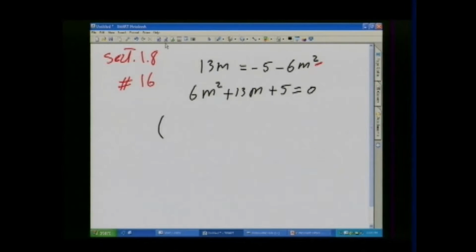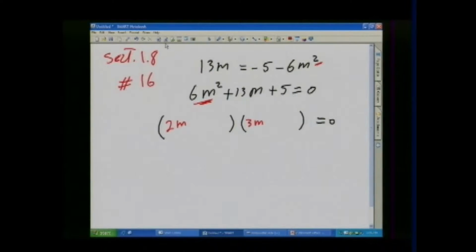Now to factor this, again, we put 2 parentheses equal to 0. We'll look at the first term and say, what can give me 6m squared? Again, there are different combinations. You can have 1m times 6m, you get 6m squared. You can have 2m times 3m. That also gives you 6m squared. Let's try 2m and 3m.